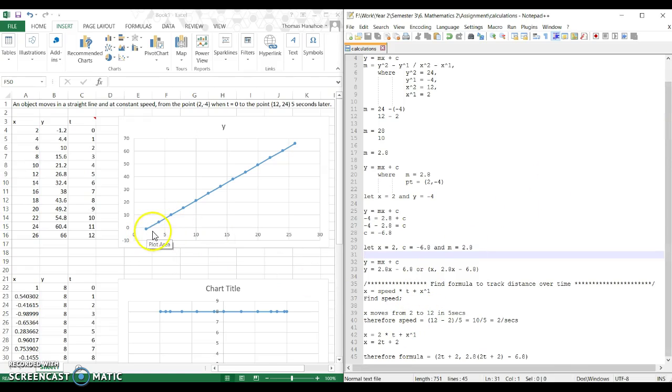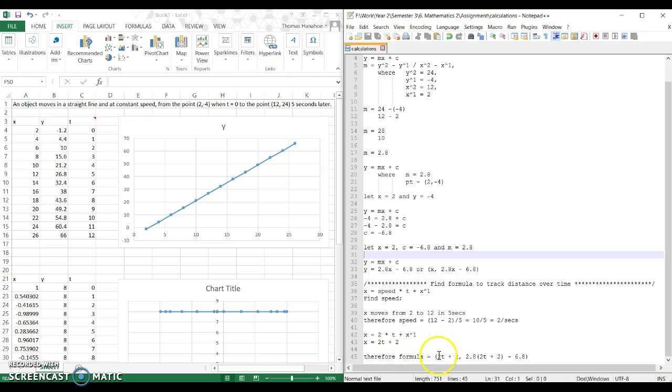So for every second here on the graph, the line travels this amount of distance. So using this we find that x is equal to 2 multiplied by t plus x at position x1, which equates to x is equal to 2t plus 2.